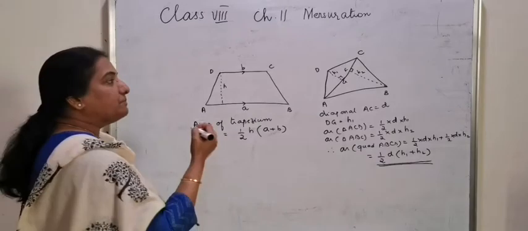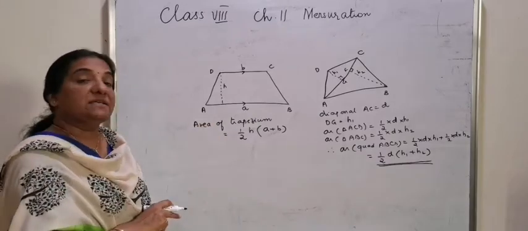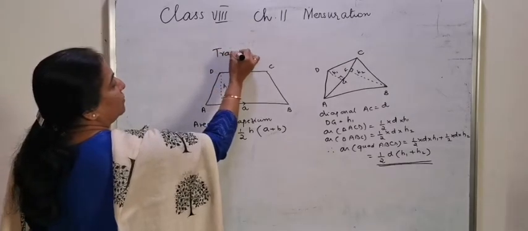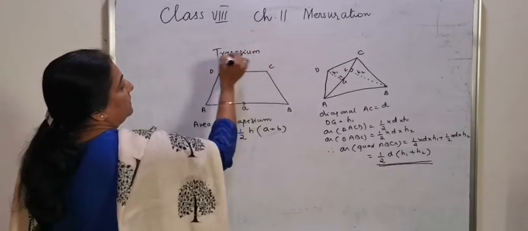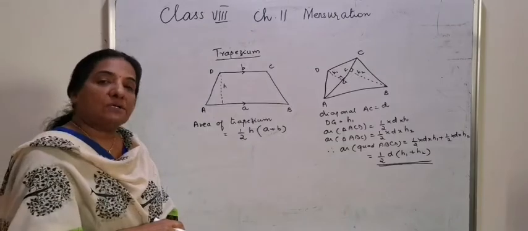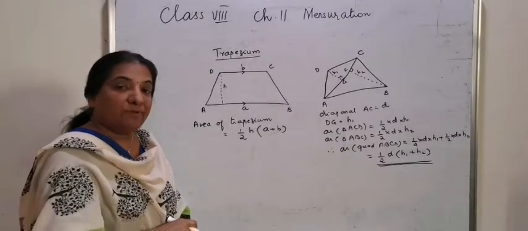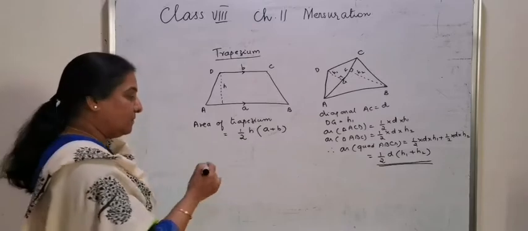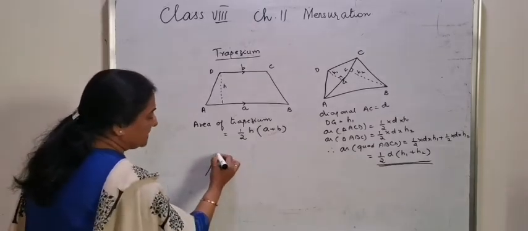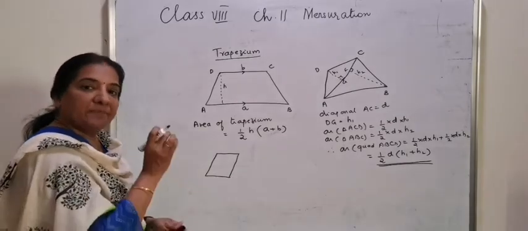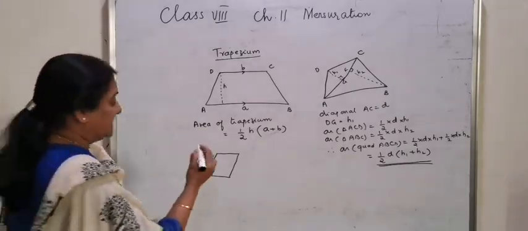The next special type of quadrilateral is a rhombus. What is the peculiarity of a rhombus? A rhombus has all the four sides equal. It is a parallelogram with all sides equal. There are two ways of representing a rhombus. It's a parallelogram with equal sides.